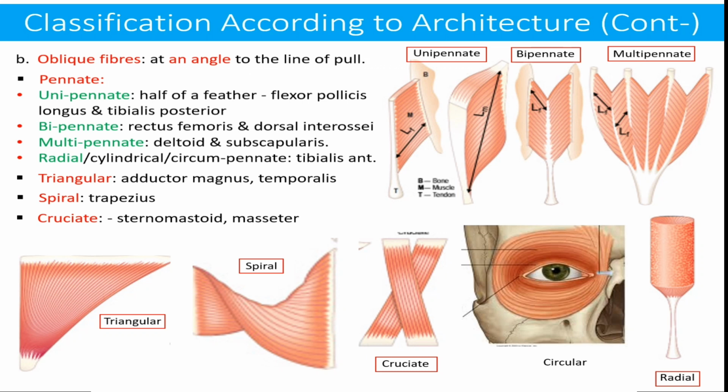Next is cruciate muscle, in which two parts of a muscle cross each other and are represented by sternomastoid and masseter muscles.